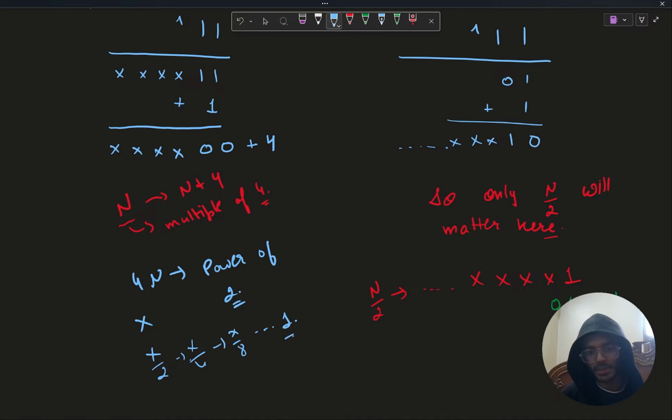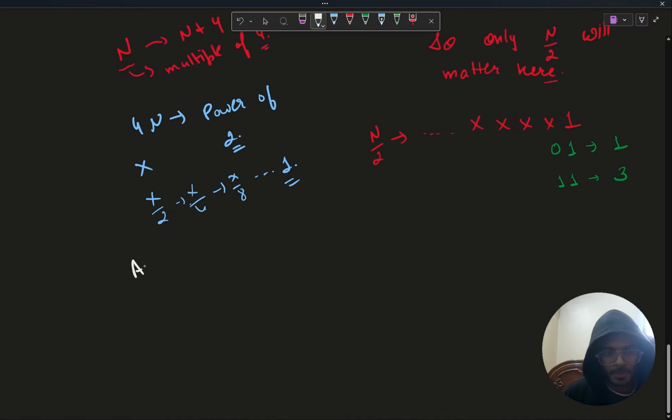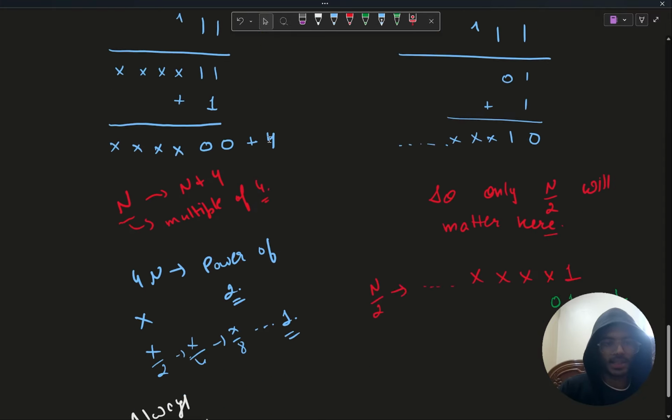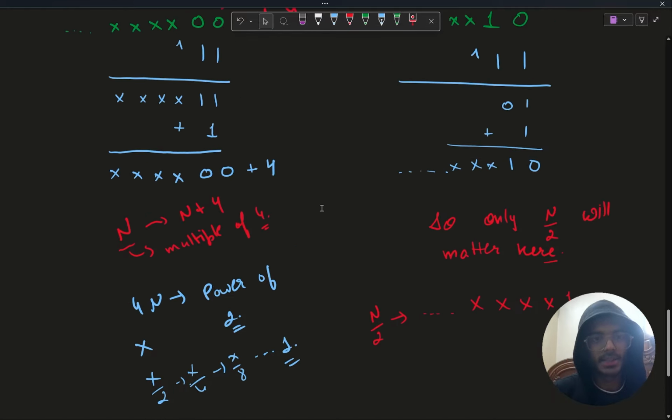And ultimately we'll always get a 1, right? So it is always possible to reach 1, right? So if n is a multiple of 4 and modulo 4 is 0, then the answer is always yes, right?